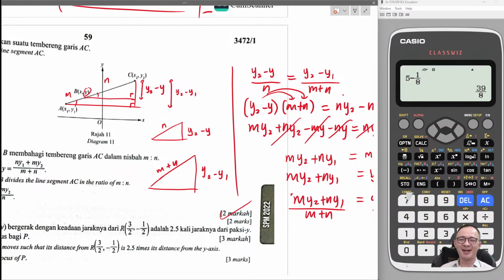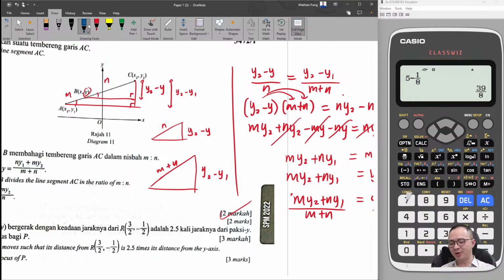My batch's past year again. Yeah, it's tricky. I would say last year's one is actually quite tricky. Yeah, and there are a lot of this kind of question. I believe some students, if you don't want to use similar triangles, you can take this part also.